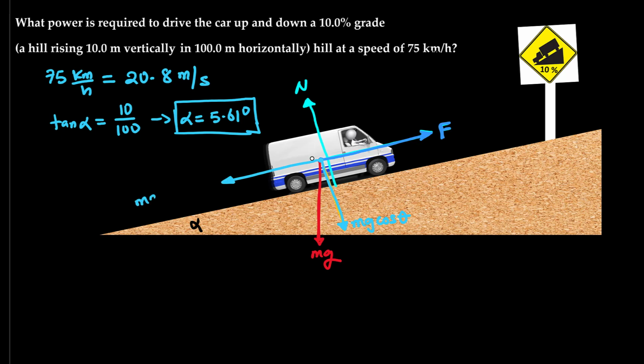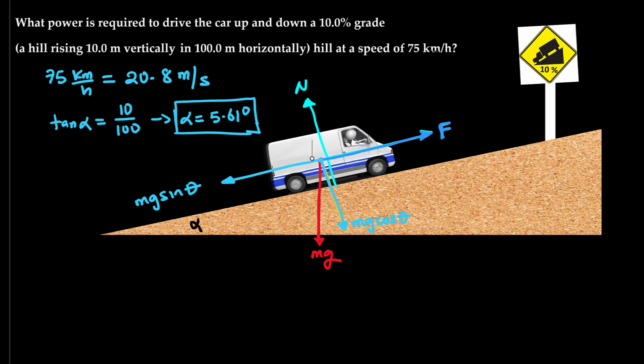This will be mg sine theta. You recognize that the vertical component does no work because it is perpendicular to the direction of motion, but the horizontal component of the weight of the car does work and is pointed in the opposite direction to the displacement of the car. In other words, gravity does negative work as the car moves up.